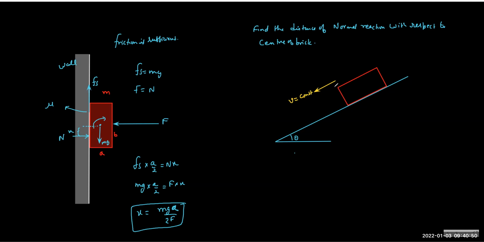Constant velocity means net force is zero. So you know how much friction is active. Mass is m, and let's say the height is h, and the base is b. So the question is find the torque of normal.